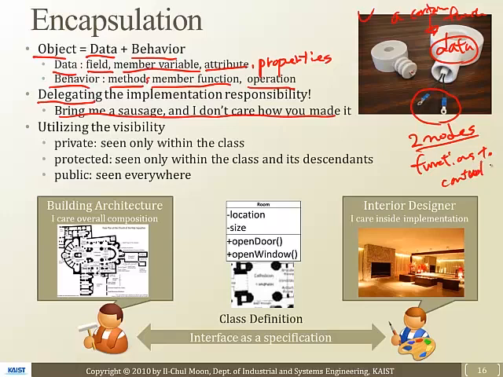For example, let's imagine there is an architect and also an interior artist. The main concern of the architect, like a building architect, is the overall composition. The interior artist is more concerned about the location, size, and these things.